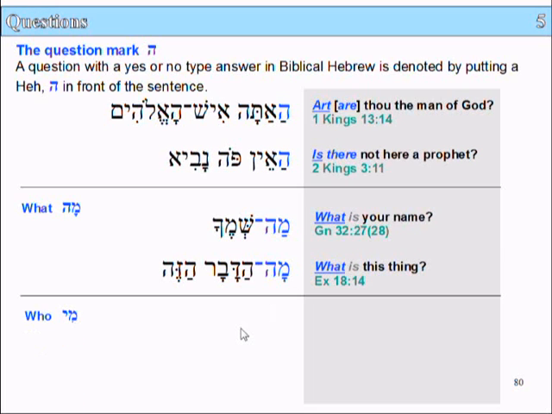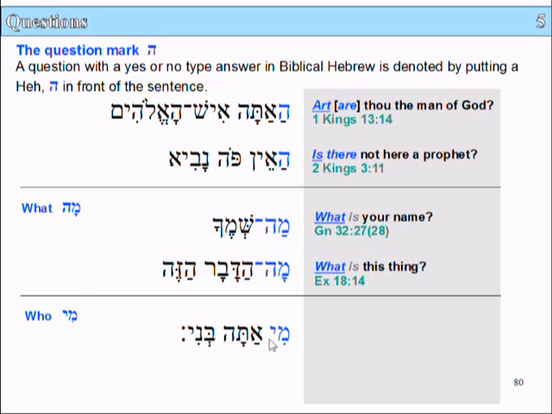Okay, another type of question is the question with a who in it. And in Hebrew, the word for who is the word mi, mem yod, or mem chirik yod. Who. So that's a little bit confusing with the word me in English. But mi in Hebrew, the same sounding word, means who.